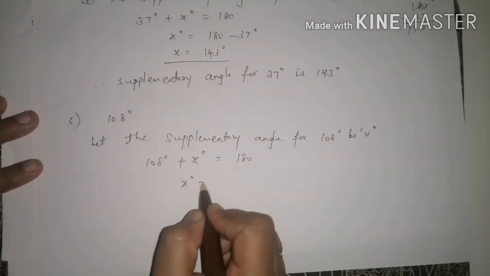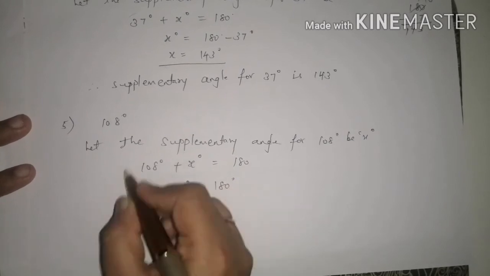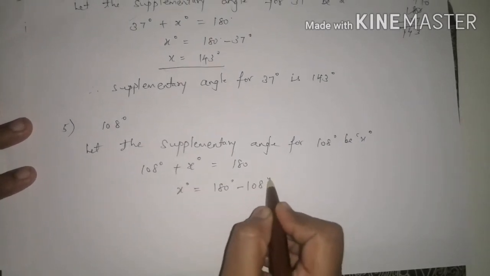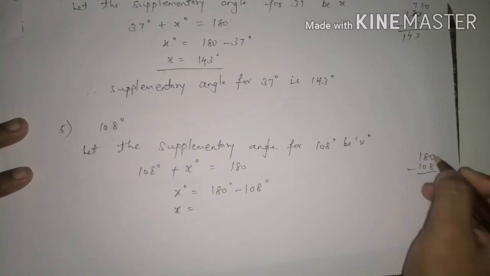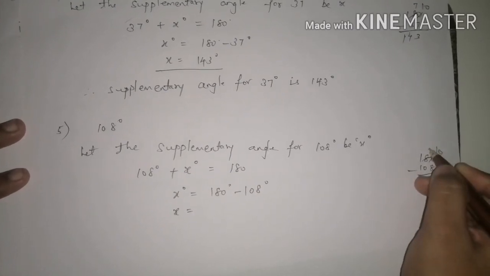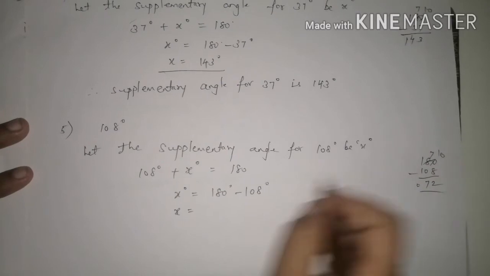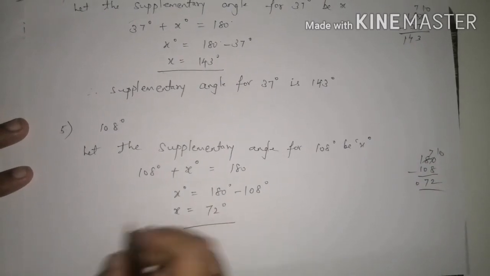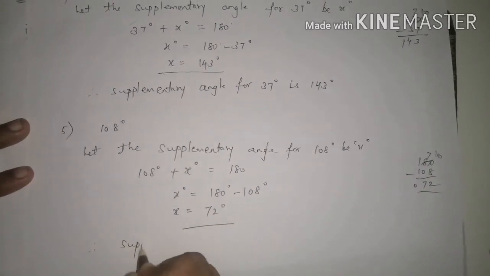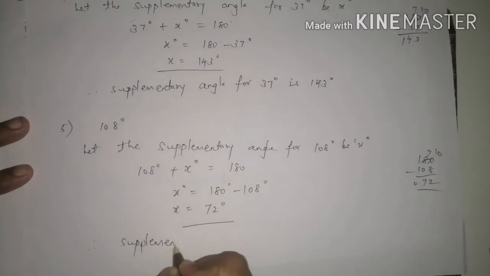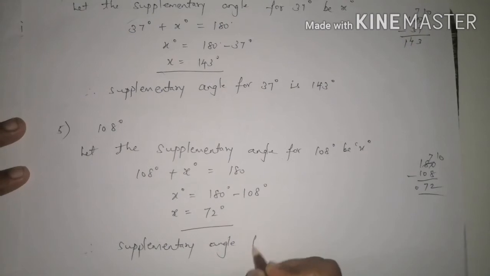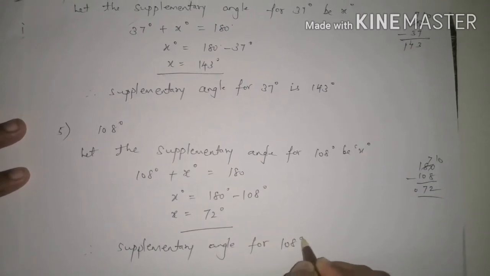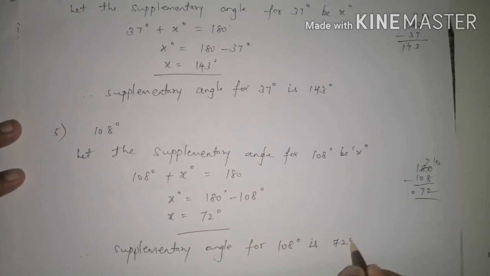So x is equal to 180 minus 108 degrees. Here 10, here 7, 0, so 72 degrees. So therefore the supplementary angle for 108 degrees is 72 degrees.